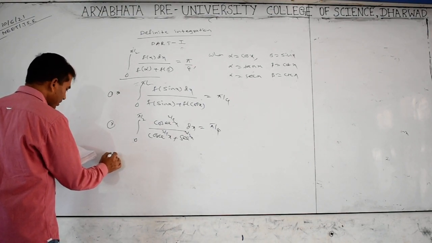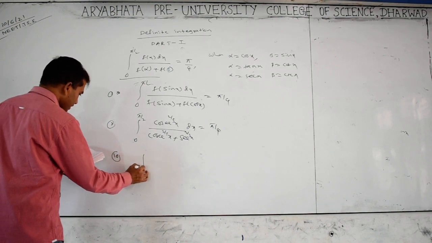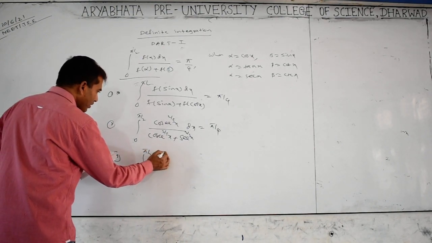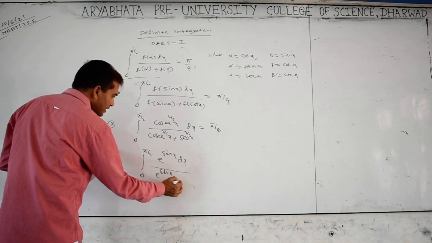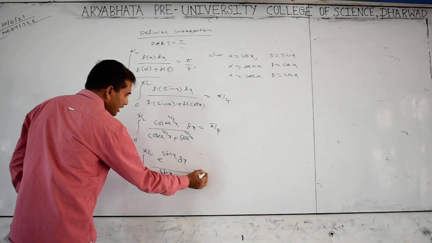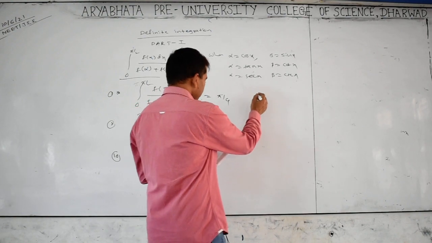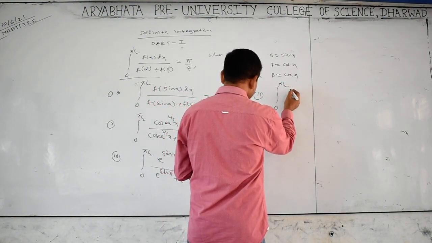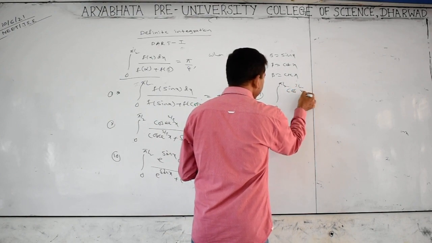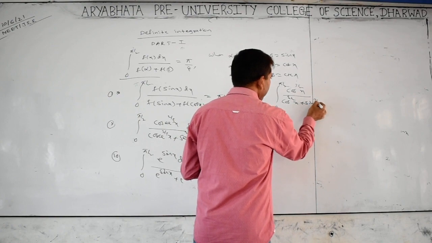Next, like this type of problems I am writing first of all. The 10th question is integration of 0 to pi by 2 e power sin x dx by e power sin x plus e power cos x. The answer will be pi by 4. Sin cos. The 11th one is integration of 0 to pi by 2 cos power 3 by 2 x by cos power 3 by 2 x plus sin power 3 by 2 x.